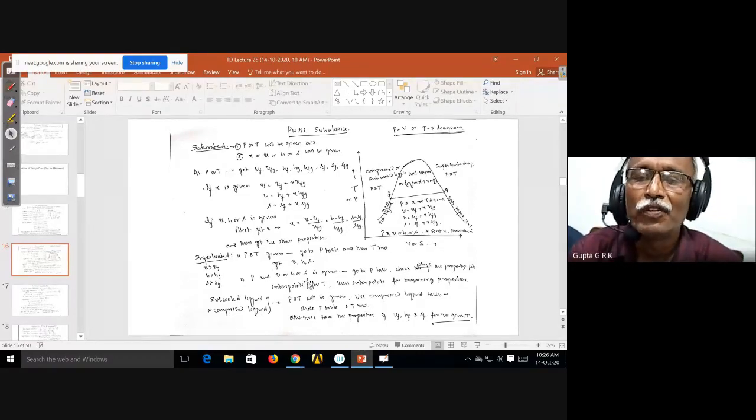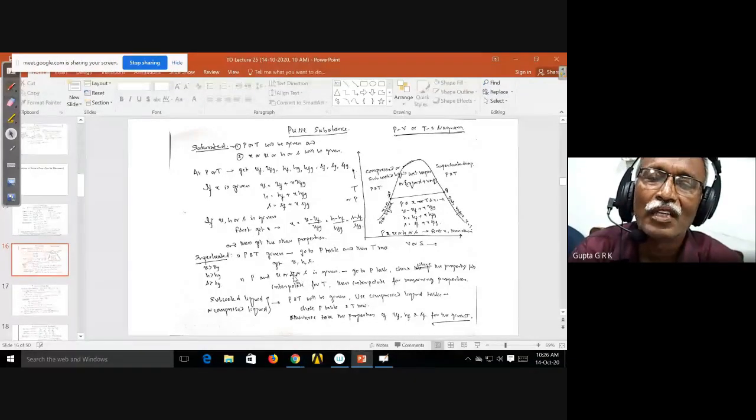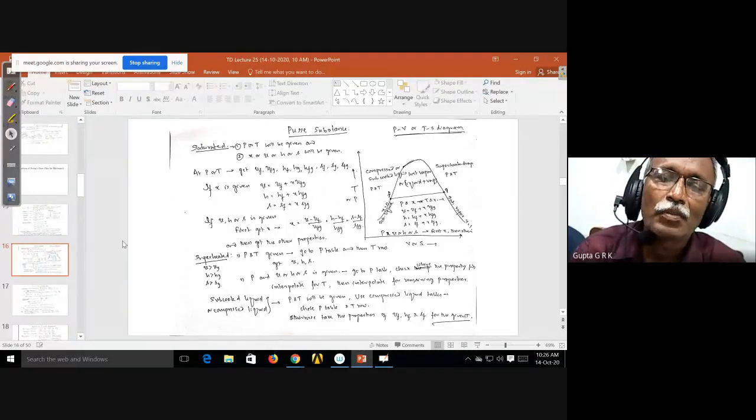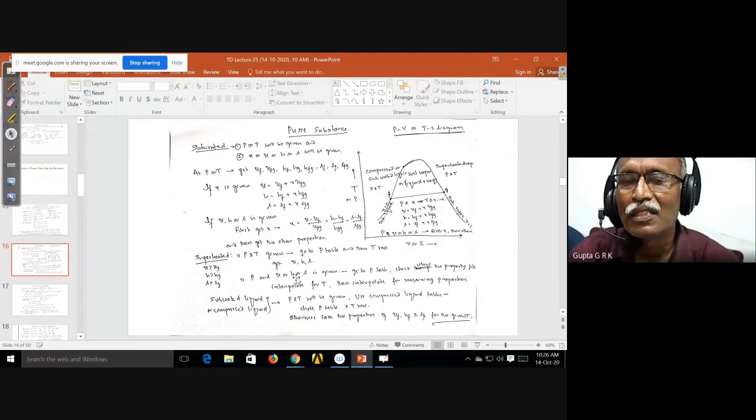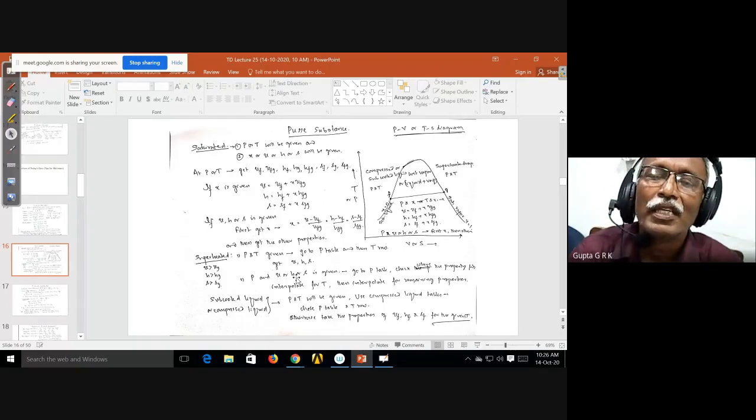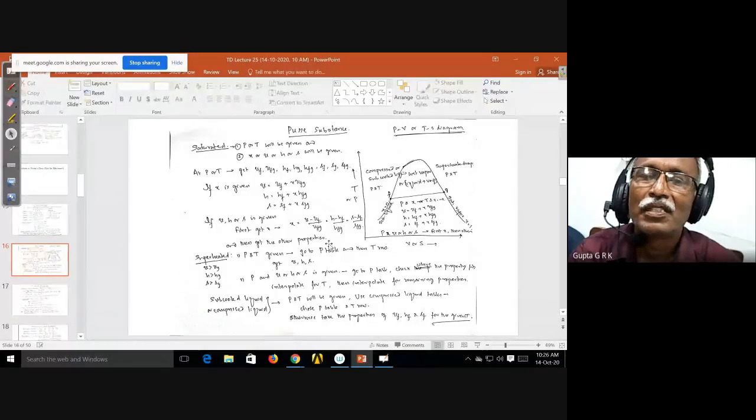But if it is between two values of enthalpy, okay, you are given enthalpy, it is between two values. So I have to know what is the corresponding temperature. Maybe one is at 300 and another is at 400, and this may be at 325 or 330 degrees centigrade. So I have to interpolate. If this temperature, this H, and this temperature, this H, for this H, what is the temperature?